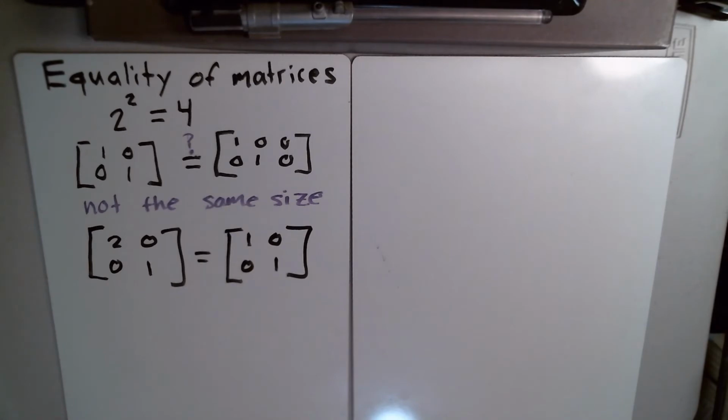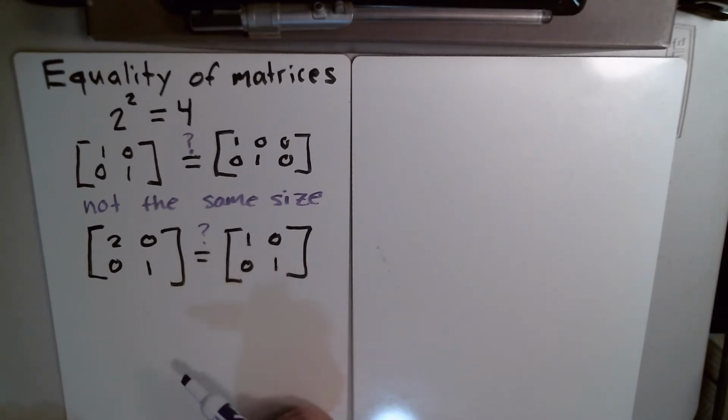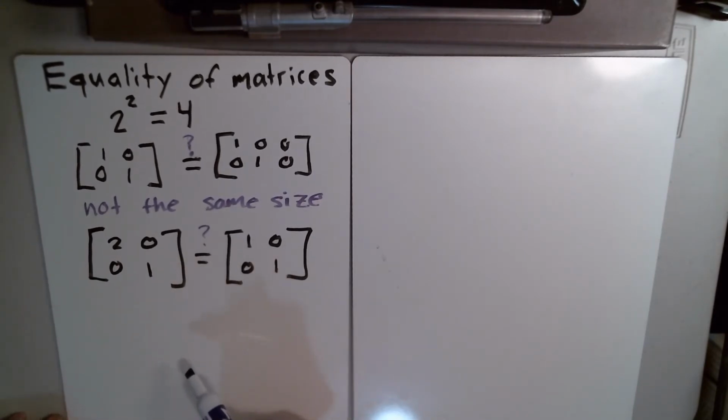Are these two matrices equal to each other? Well, these two at least are the same size, so they have that in common. But would we say that they're equal?